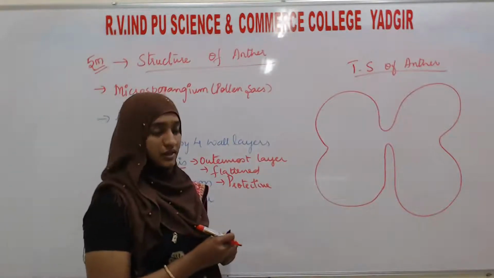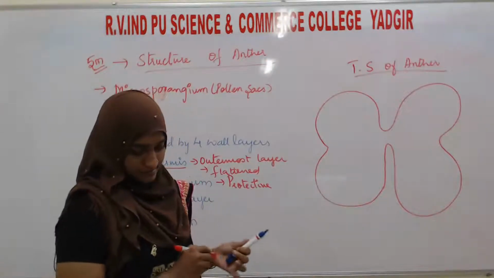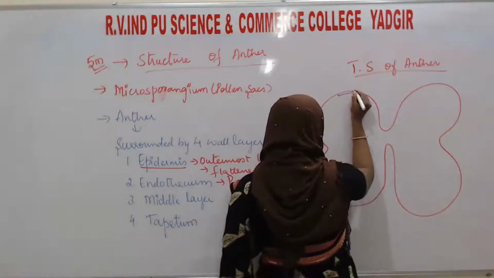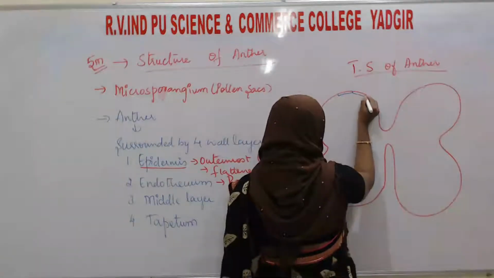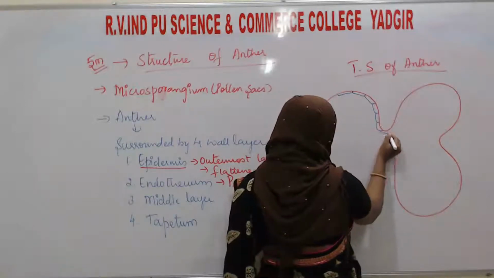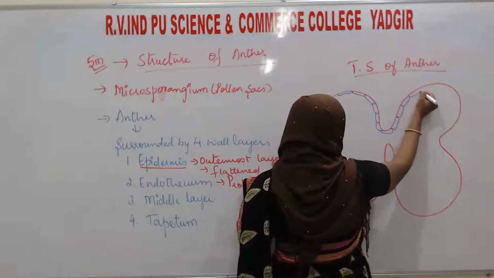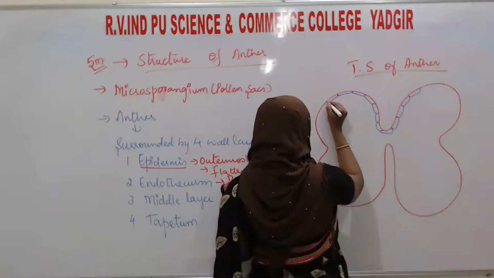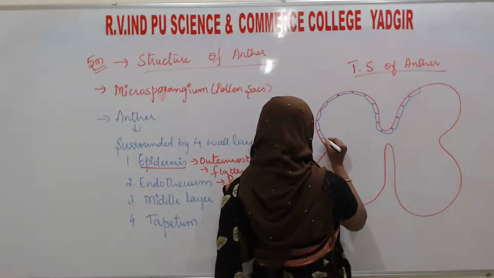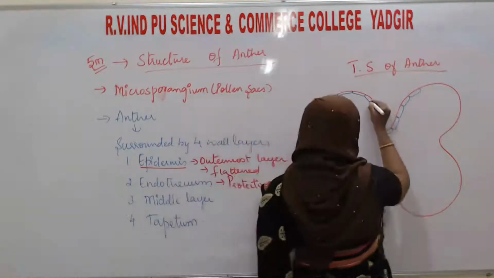So this is about the epidermis. The cells will be like this, flattened cells. This is the epidermis layer.